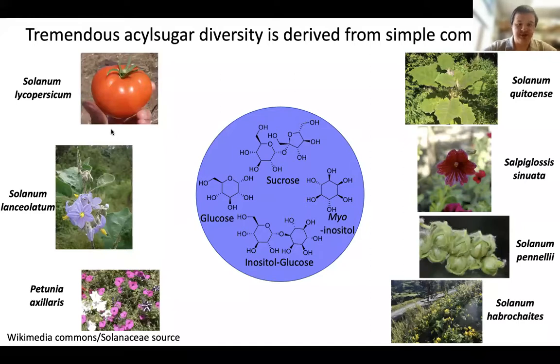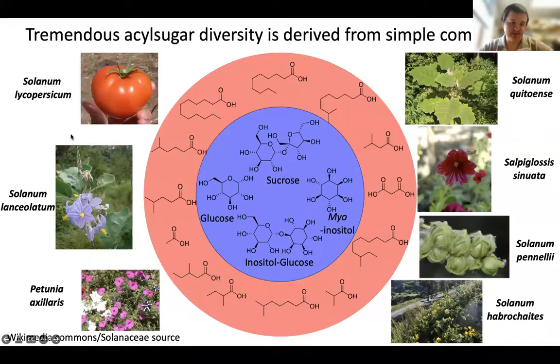The acyl sugar diversity starts with a sugar core, whether it's relatively common sugars like sucrose or glucose, or a little bit more unusual ones like myo-inositol or inositol sugar conjugates. This diversity in the sugar core is further complemented by the variation in acyl chains, often derived from amino acid metabolism or fatty acid metabolism, or even from other parts of metabolism, for example, in the case of phenylacetate.